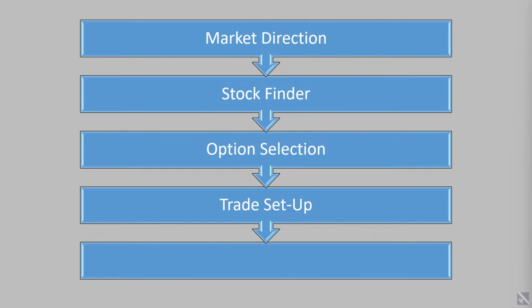We did talk about how to pick the right strike and the right expiration. That'll help quite a bit in the trade setup. And then trade management, we didn't really get into that today. I talked to you how we're not going to hold it till expiration. This is where you're going to have a plan in place to know how to manage your trade after you're in it. Right? But you're going to decide this before you place the trade. Right? You want to know what you're going to do if it goes for you or against you.